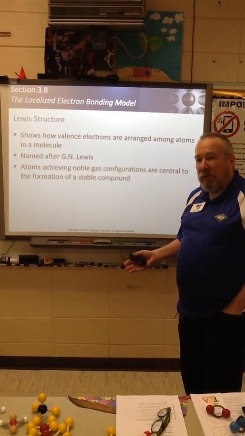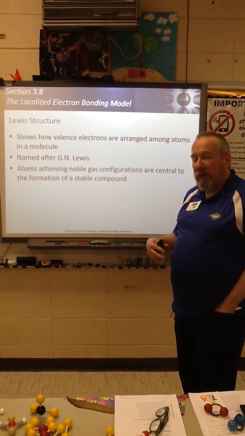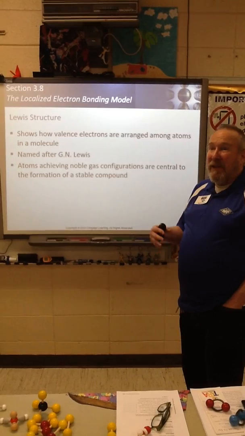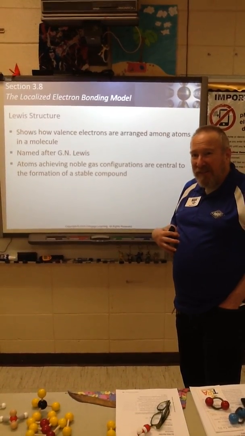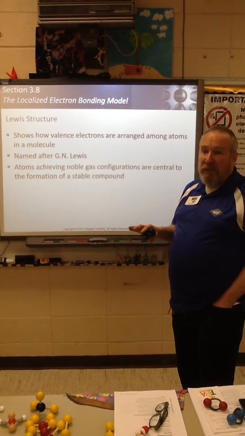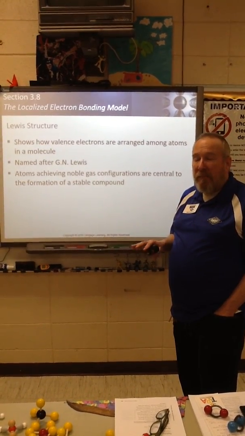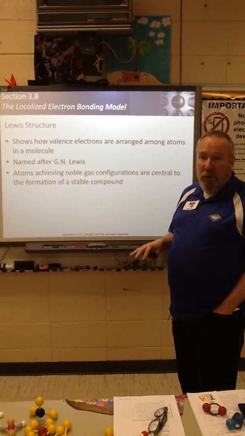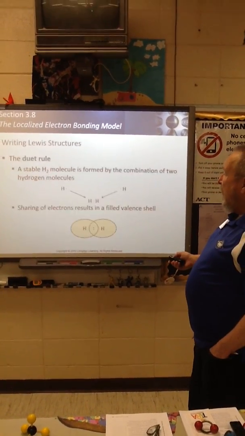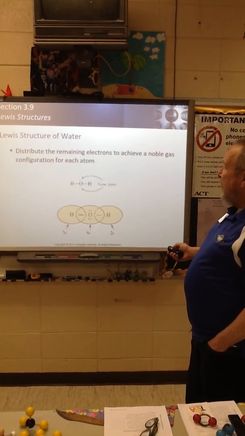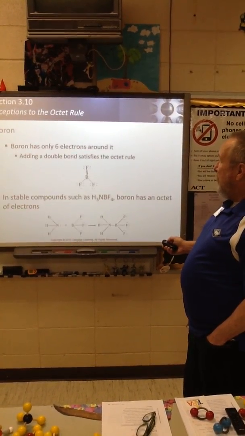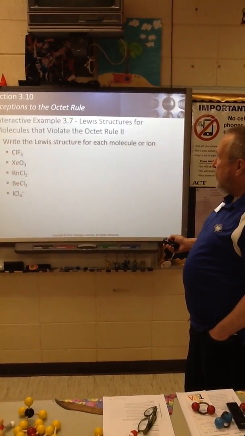A lot of this material is repeated in the next chapter, and in the interest of time and in the interest of catching up with our COVID-19 disruption, I'm going to save the rest of this chapter, except for naming, for chapter 4, where we basically reintroduce this material and talk about bonding and exceptions to the octet rule when we draw unusual Lewis structures.